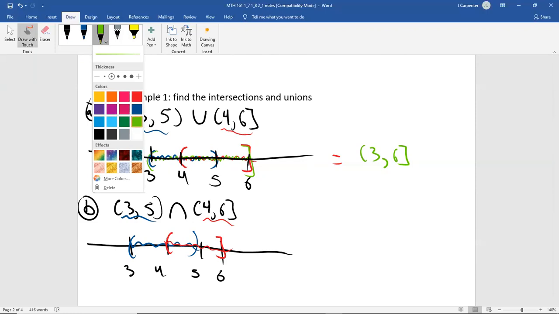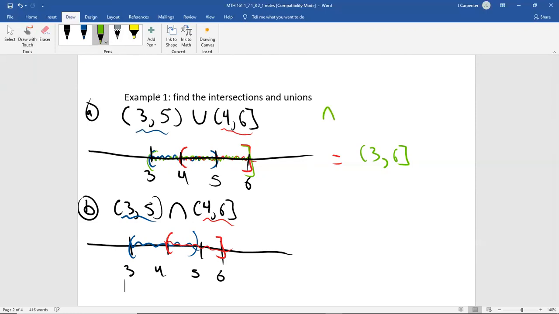Now for the previous one, a union means all shaded areas. With an, I just wrote an intersection, didn't I? I said the right word at least, but I was thinking about this problem. Union means everything that you shaded is the solution. With an intersection, it's only the overlap. That's the major change here.